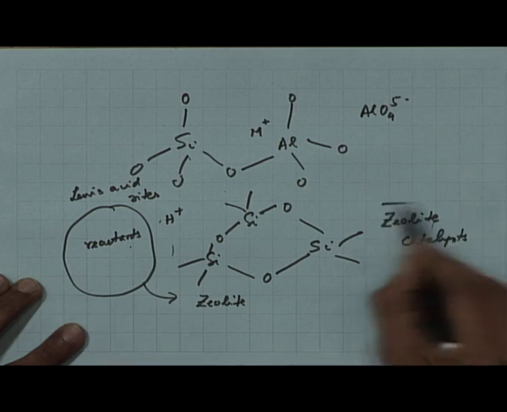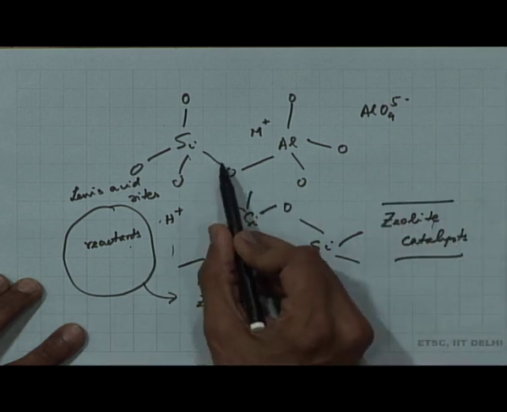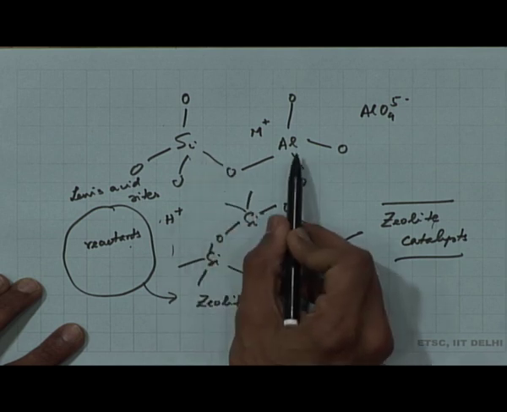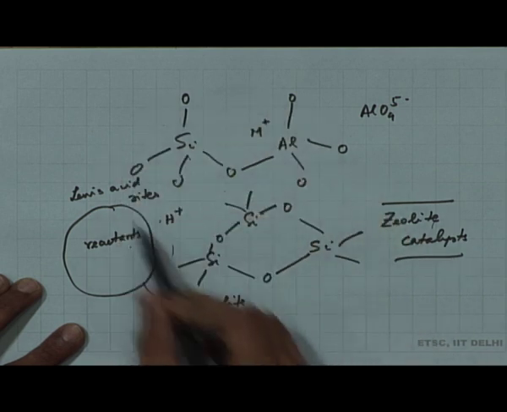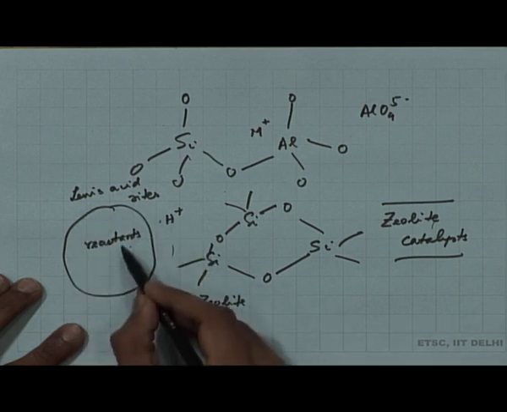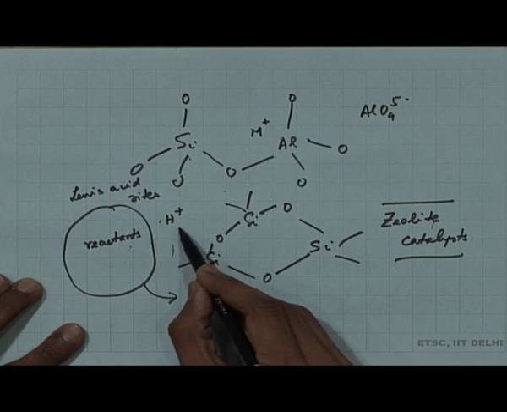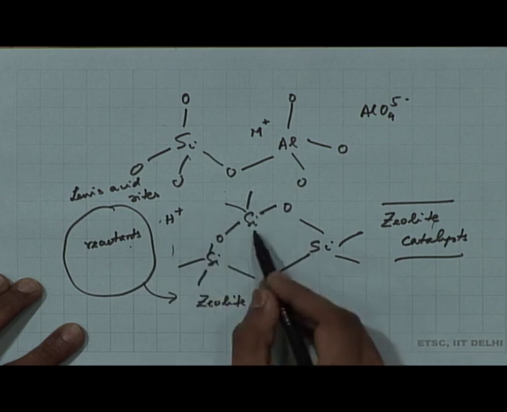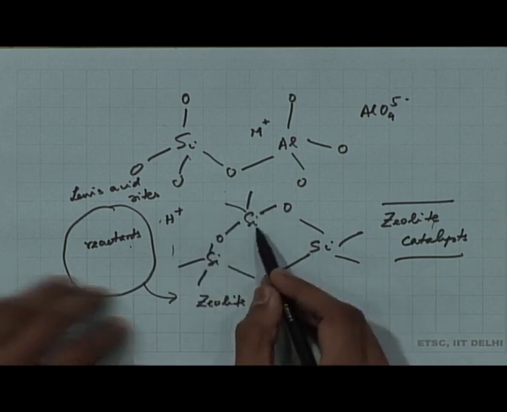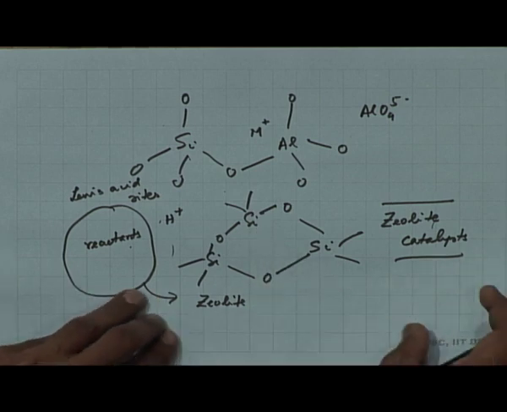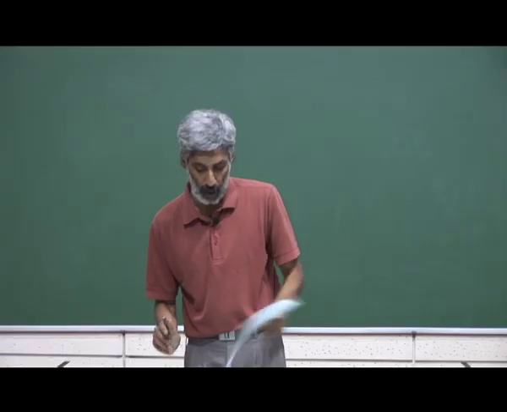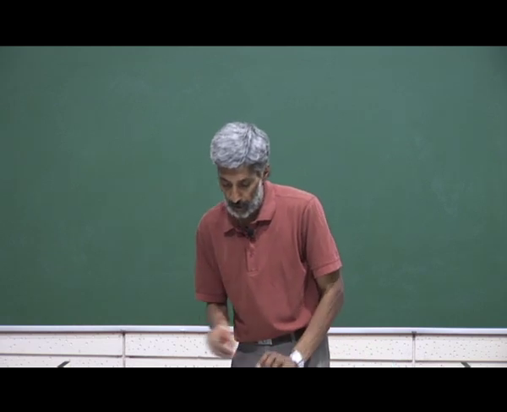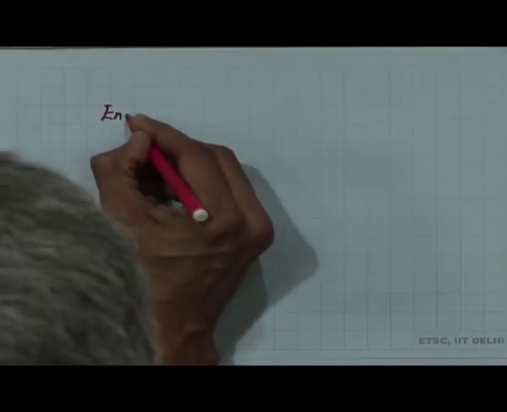And the thing to understand is that they are formed by a network of silicate and aluminate tetrahedra joined together to form cages in which reactants are trapped, and there are both Bronsted acid sites as well as Lewis acid sites which allow the catalytic power of the zeolites to come into place. So, that is one class of catalysis that we needed to look at. The other thing that we need to look at is enzyme catalysis.